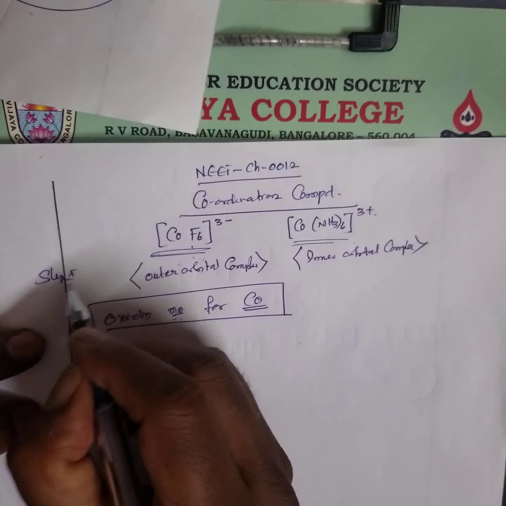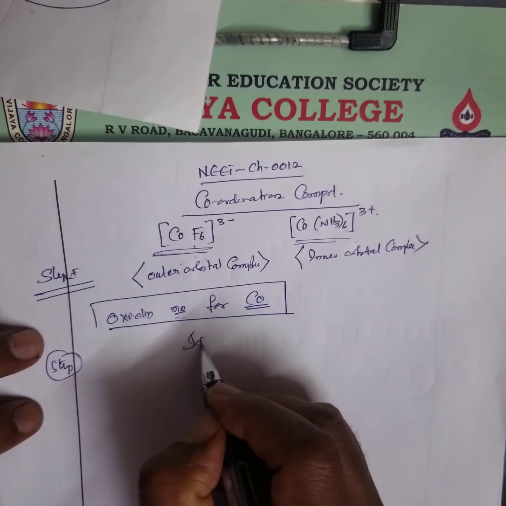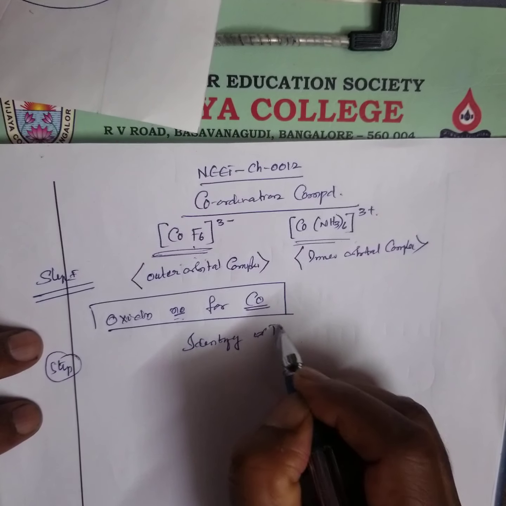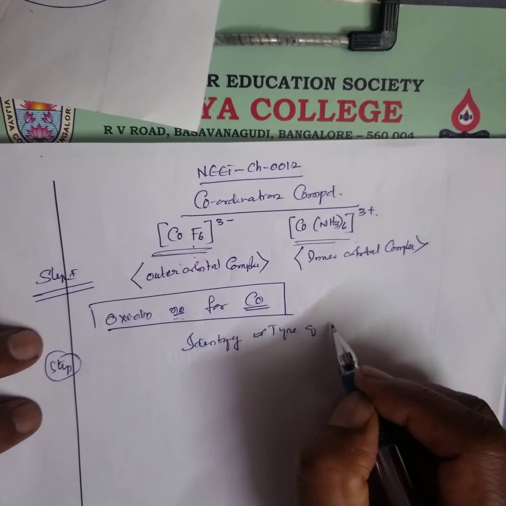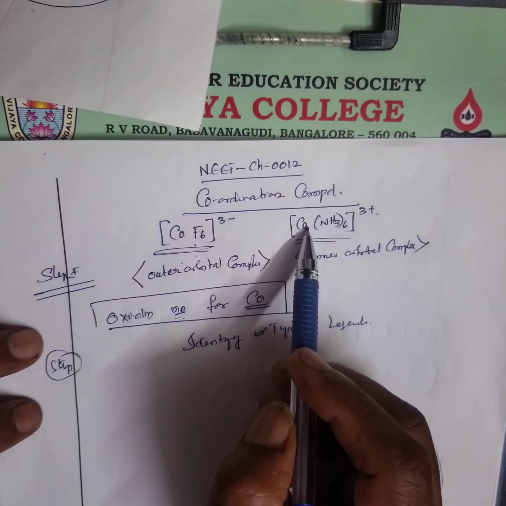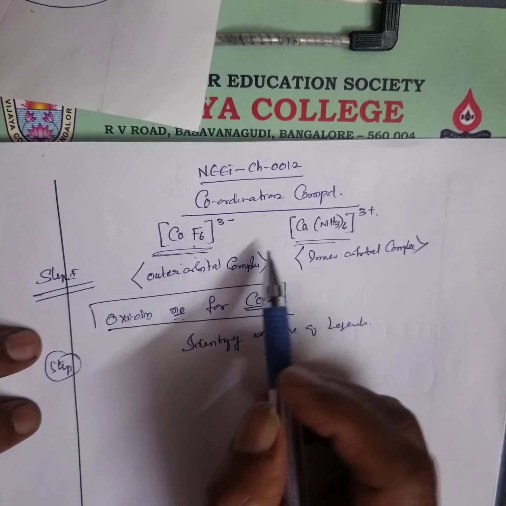The second step: identify what type of ligands are going to attach to the central metal atom or ion.